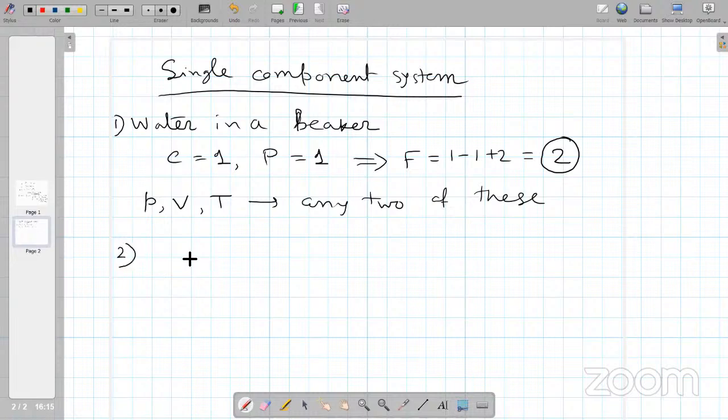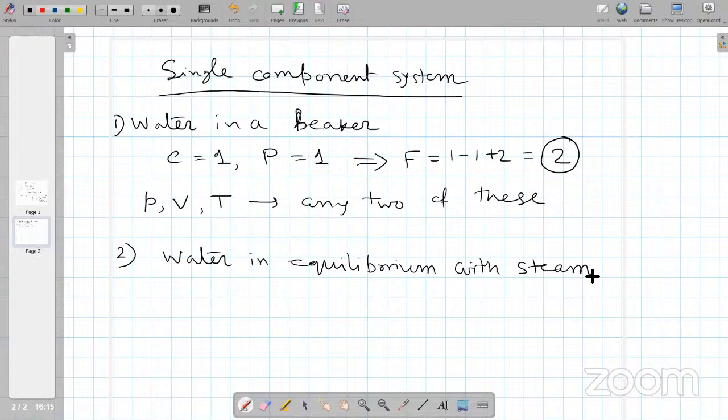Now, let's take a second example: water in equilibrium with steam. This can be steam or vapor, water vapor. In this case, C remains 1.